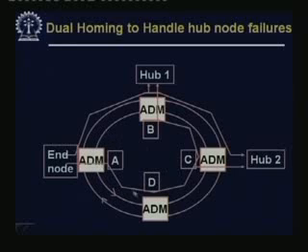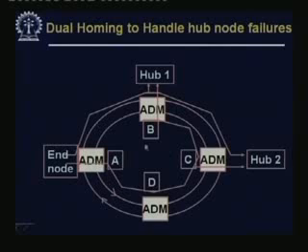So we have these 4 ADMs, once again 4 nodes, let us say A, B, C, D. The end node is A, and these are the two hubs B and C. What we want is that not only some link failure, but even if one of the hubs fails, I should still be able to communicate.